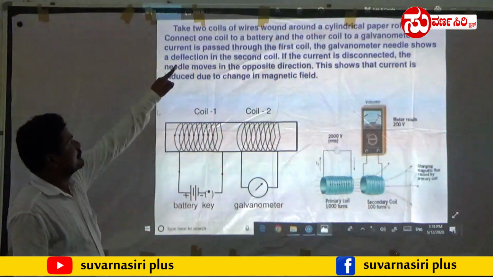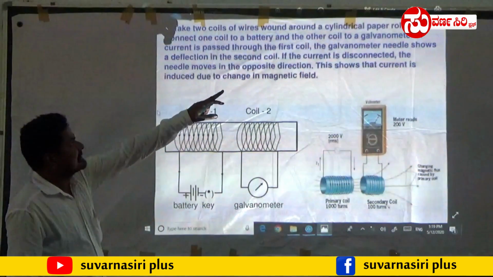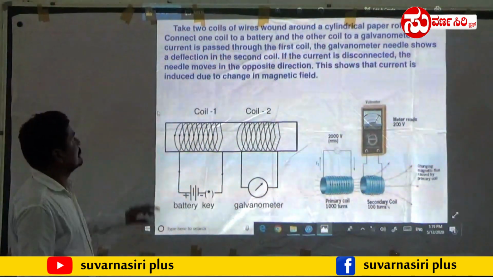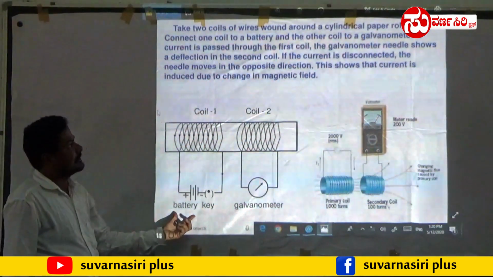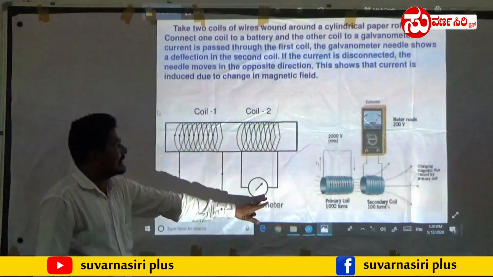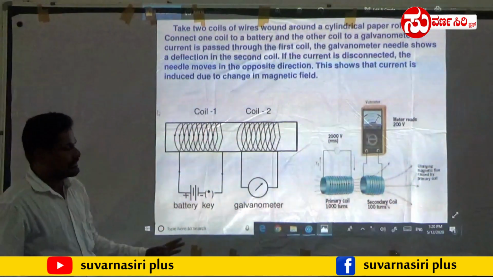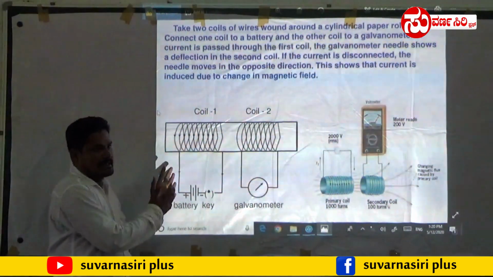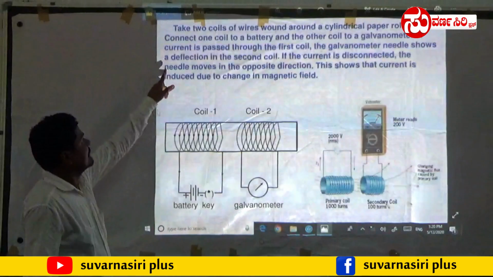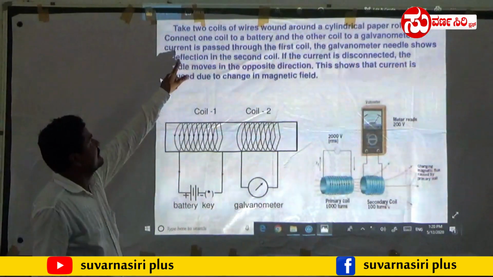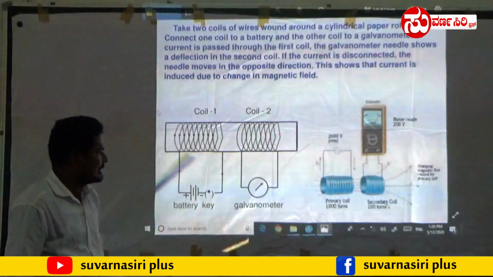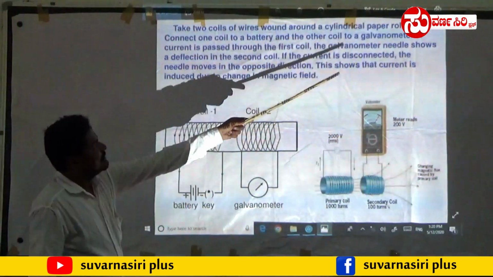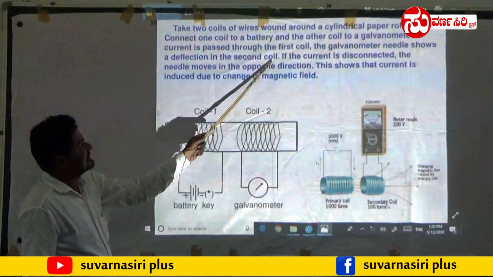Take two coils of wire wound around a cylindrical paper roll. One coil is connected to the battery and the other coil is connected to the galvanometer. What phenomenon is happening? I explained to you. Current is passed through the first coil. If we pass the current in the first coil, the galvanometer needle shows deflection in the second coil.